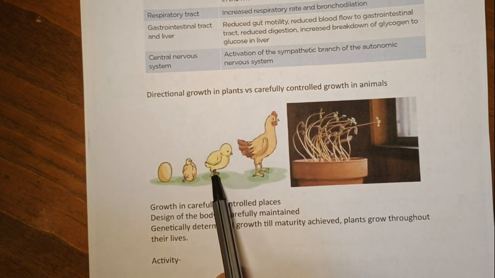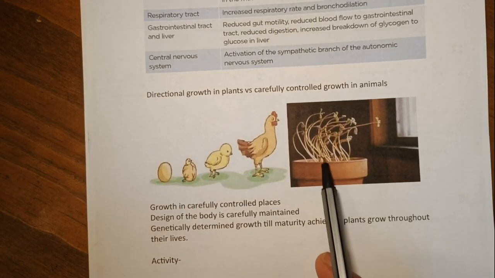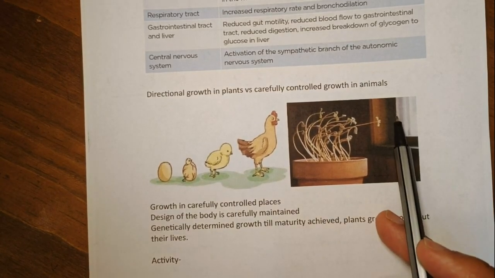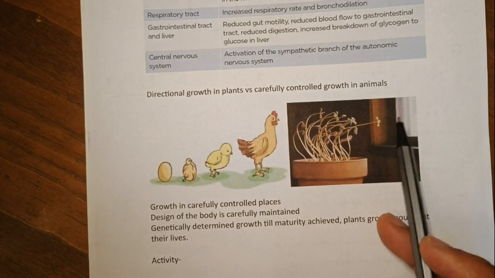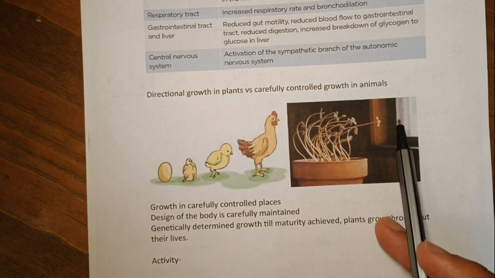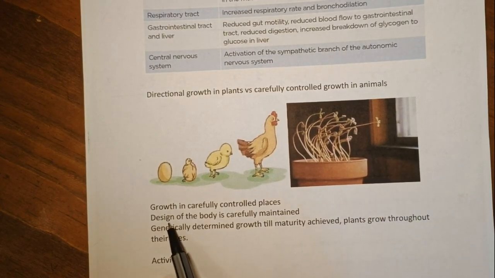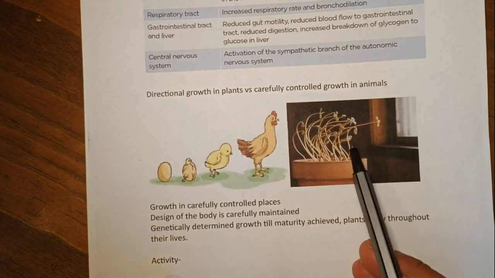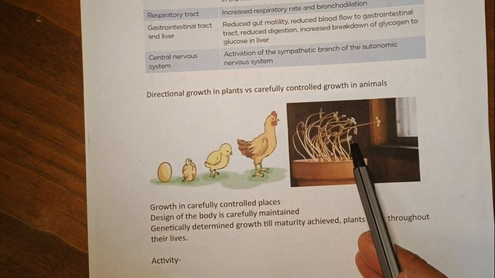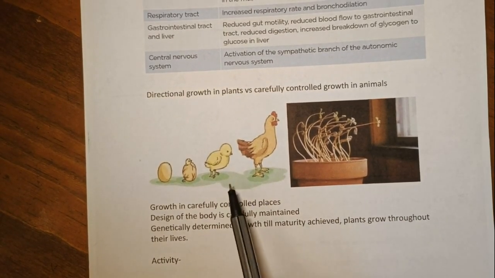If you disturb the growth of the plant by giving different stimuli like sunlight or water or chemicals, then it will grow differently. It will not maintain the design. It can have leaves in various other places, but in animals it doesn't take place. The design is maintained.